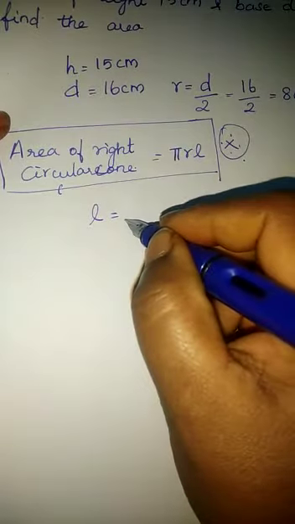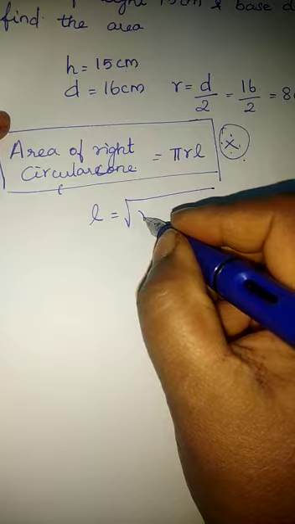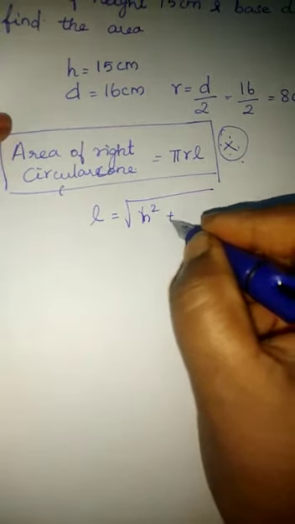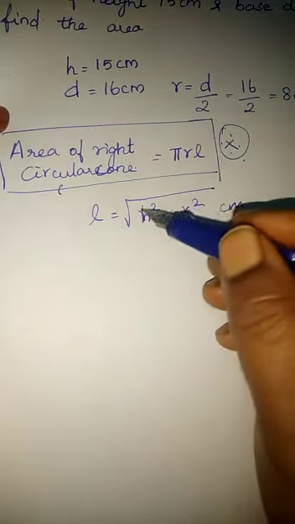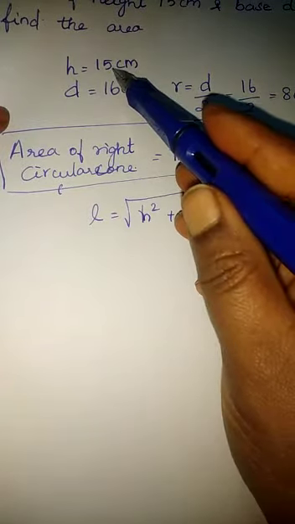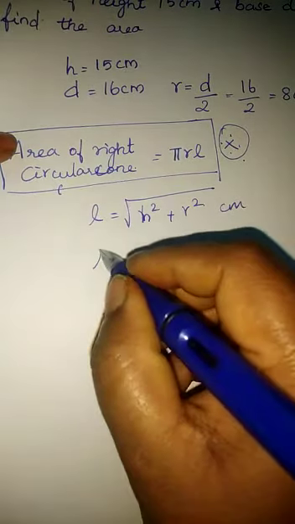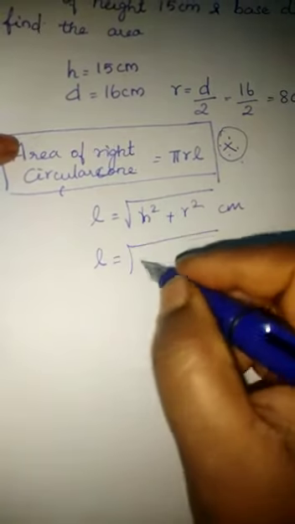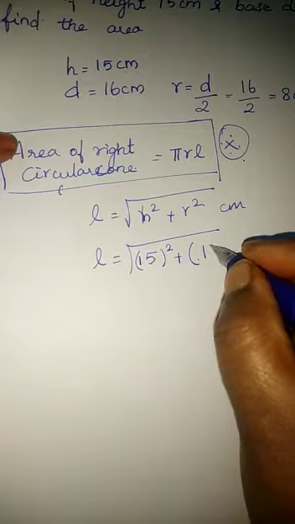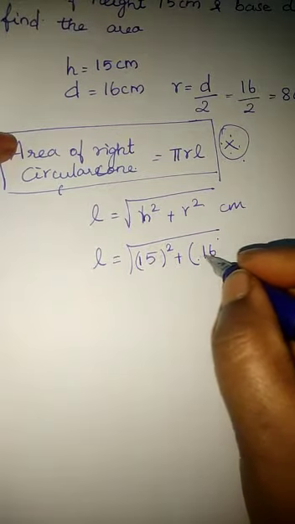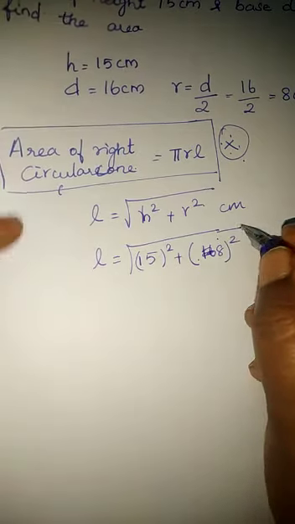To find out the length of the right circular cone, l is equal to root of h square plus r square in terms of centimeter. Here the height is given and the radius we also found out. So l is equal to root of 15 the whole square plus r, diameter is 16, r is 8, the whole square.